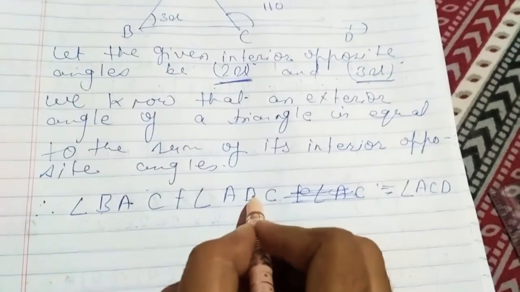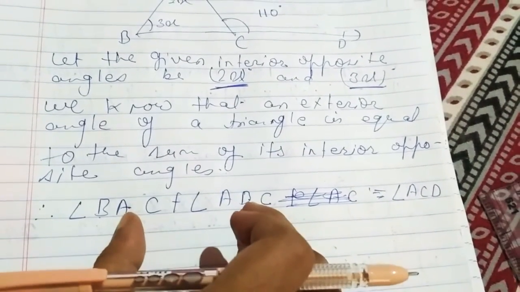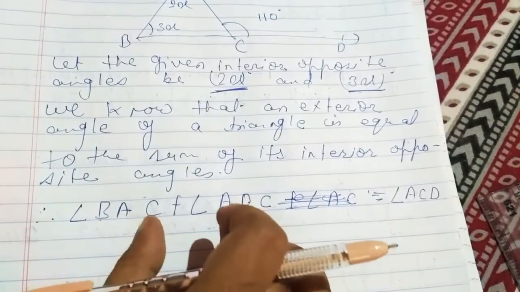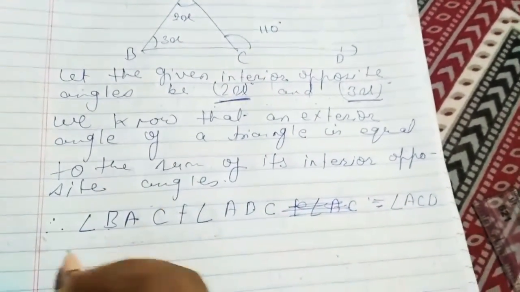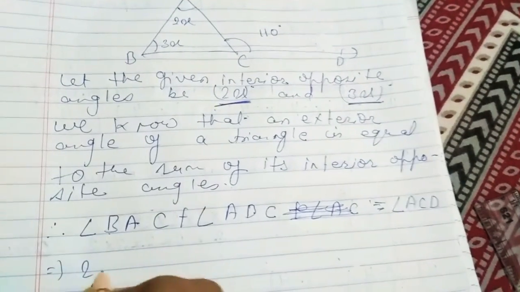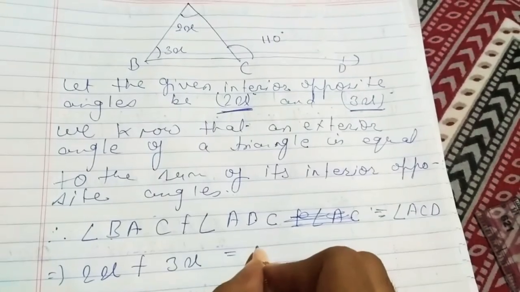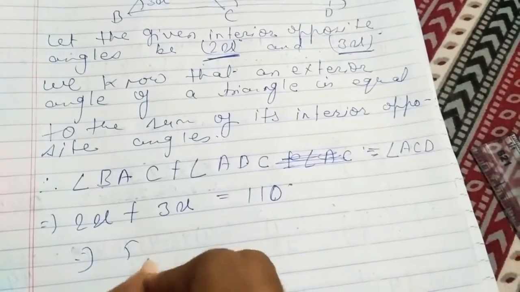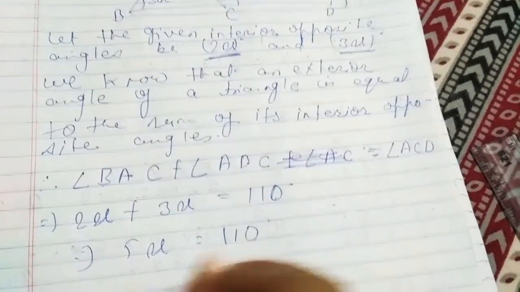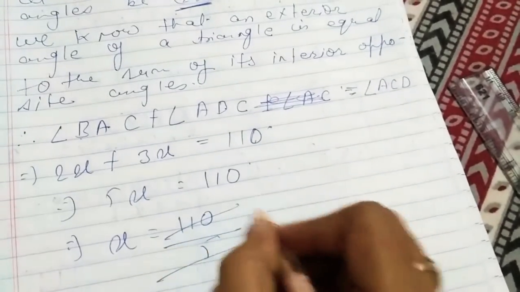These both angles are interior angles, so you have to find the sum, and this sum is equal to the exterior angle. So BAC is 2x, plus 3x equal to 110. Now 5x equals 110. Now x equals 110 by 5, 22.